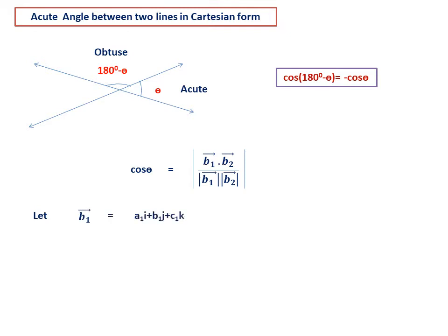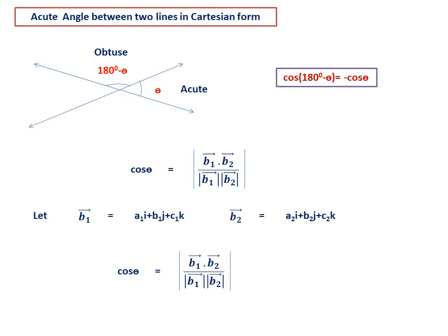So here one more thing I would like to remind. Suppose the components are given like this, that is vector b1 equal to a1 i plus b1 j plus c1 k and b2 equal to a2 i plus b2 j plus c2 k. Then you can use this formula. b1 dot b2 means a1 a2 plus b1 b2 plus c1 c2. So that product formula you know.